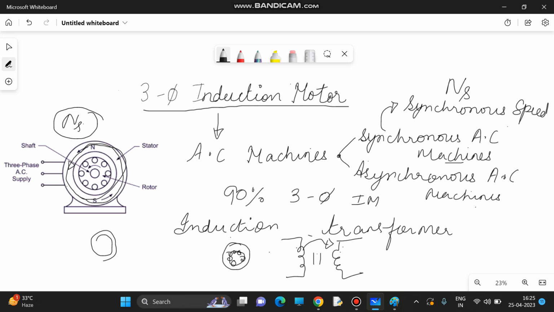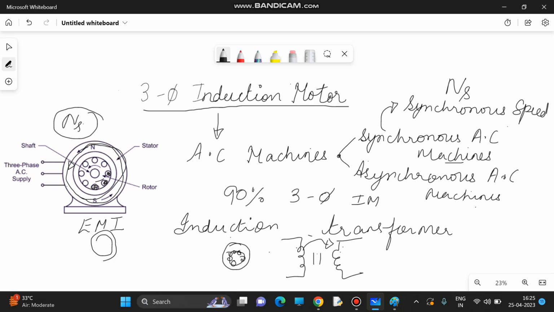But this ns cuts the stationary rotor conductors. You can see these rotor conductors. So they are stationary while the field is moving. So a rotating magnetic flux is there and a stationary conductor is there. So according to Fleming's law of electromagnetic induction, EMI, an EMF is induced in it, and that EMF causes a current to circulate in the rotor conductors. They are short circuited onto themselves.